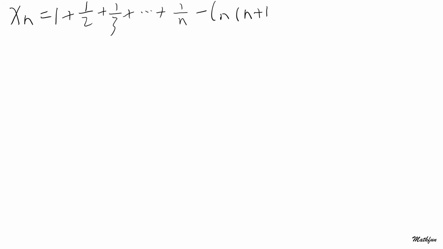And finally, we are going to get our final results. Okay, so let xn equal the harmonic sequence 1 plus a half plus 1/3 plus and so on plus 1 over n, minus the natural log of n plus 1.